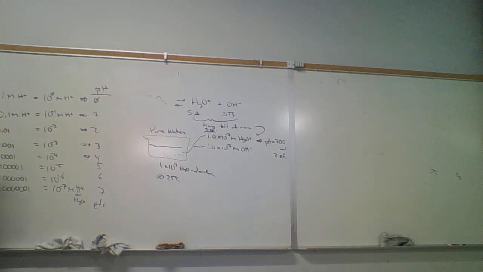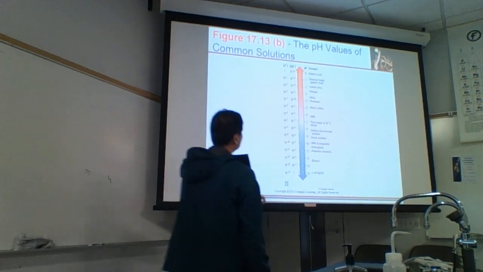A tiny bit of reaction occurs to make water pH 7. So pure water is pH 7. This is called the water equilibrium. So pure water at 25 degrees C has a pH of 7 here.